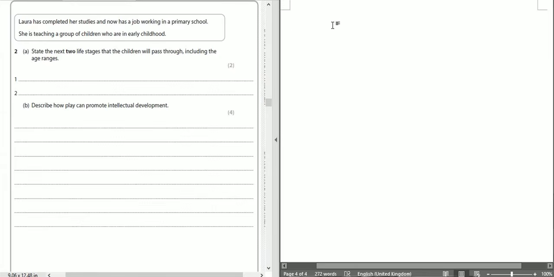So this one here says Laura has completed her studies and now working in a primary school. She's teaching a group of children who are in early childhood. So we know early childhood is that age range of 3 to 8. The next question says describe 2 life stages that children will pass through, including the age ranges. So the next 2 life stages after early childhood is you enter adolescence, which takes place between the ages of 9 to 18.